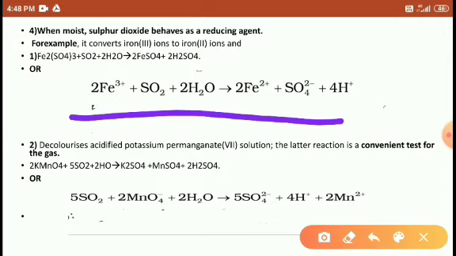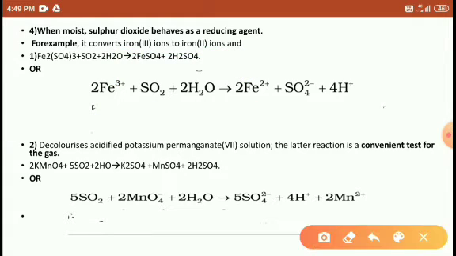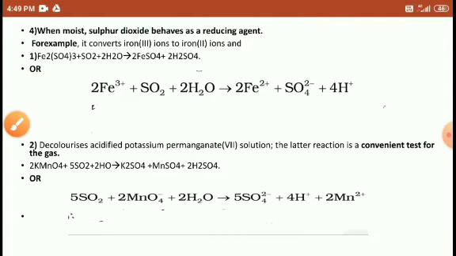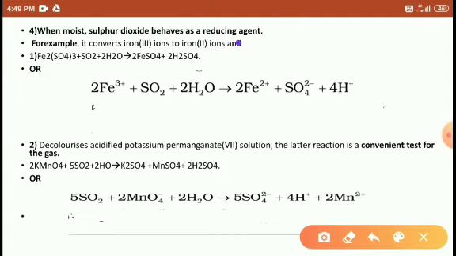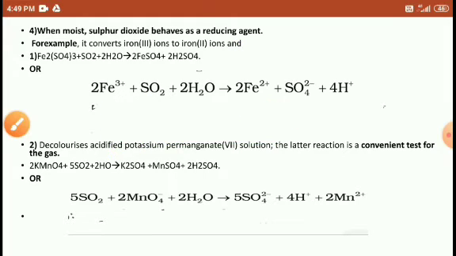In your textbook it is mentioned like this, students: Fe+3 turns into Fe+2 on reacting with sulfur dioxide and water. Either you write this reaction or that reaction. Both are correct, students. So why is it acting as a reducing agent? Because it decreases the oxidation state from +3 to +2. That's why it acts as a reducing agent. Right students.